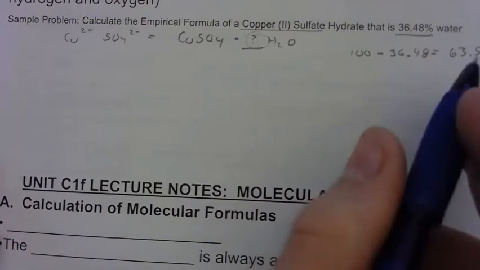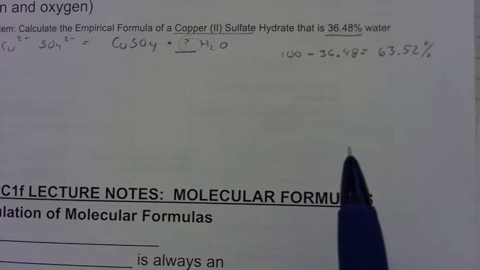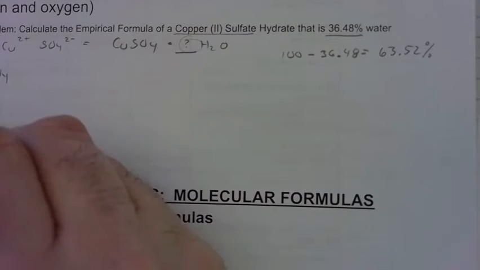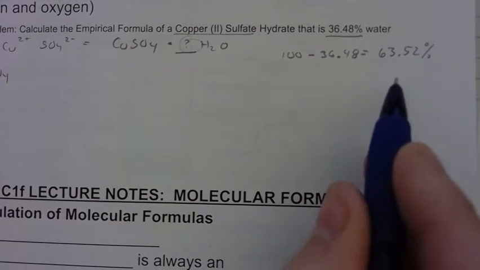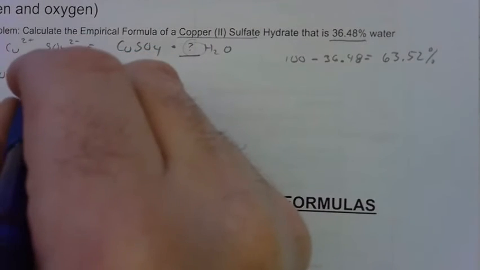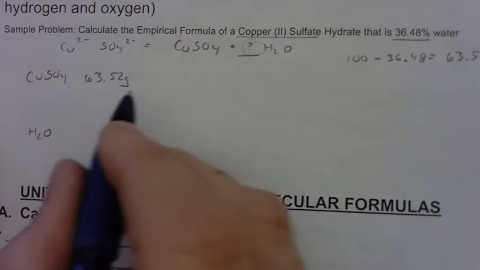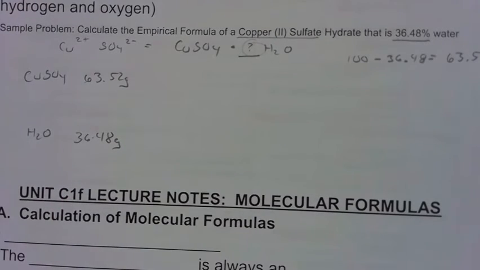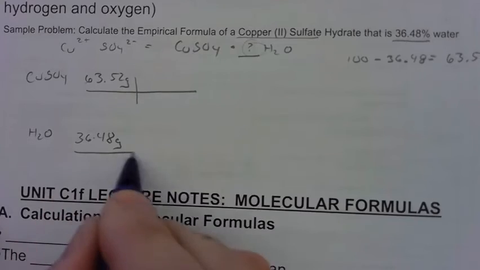So we know that we have 36.48% water, 63.52% copper 2 sulfate. So we have CuSO4 and we have H2O. Now the CuSO4, we're going to change these, remember, into grams. So we know we have 63.52 grams of that. And for the water, we have 36.48 grams. Now we need to then convert them into moles, just like before.